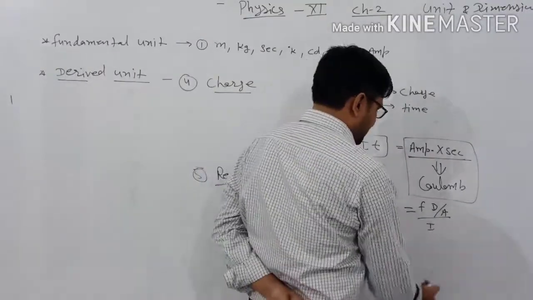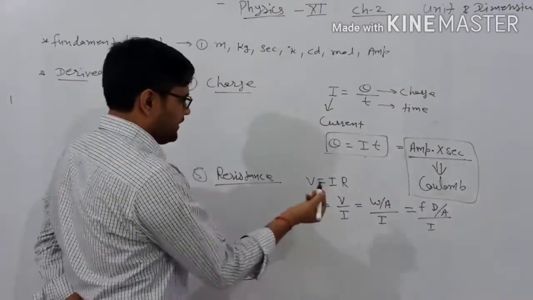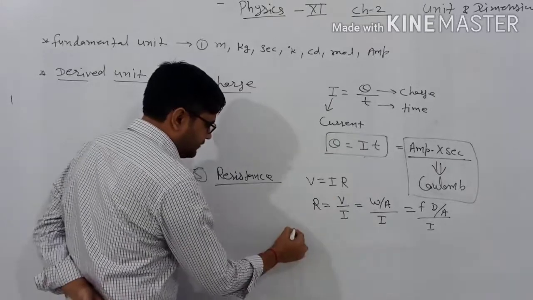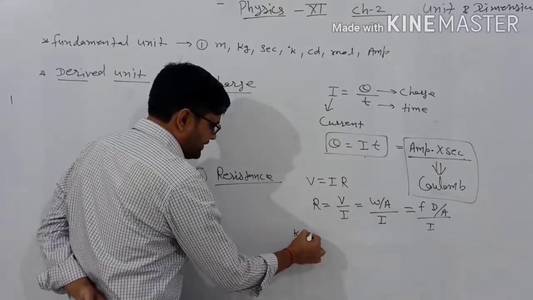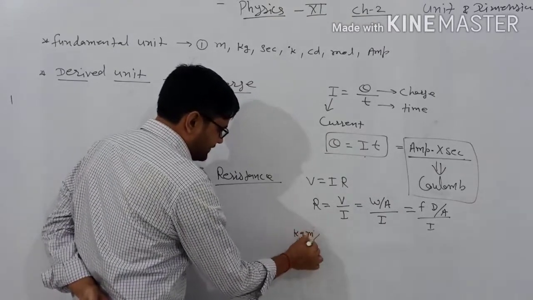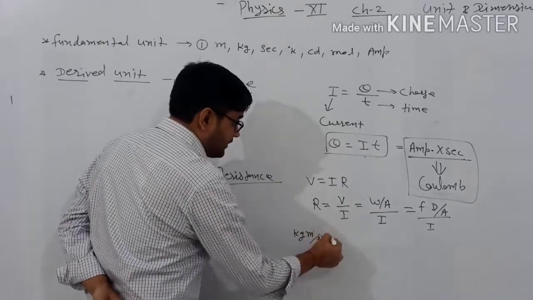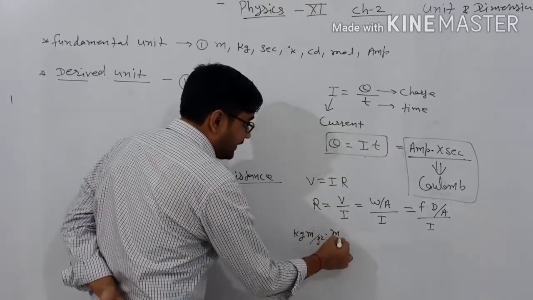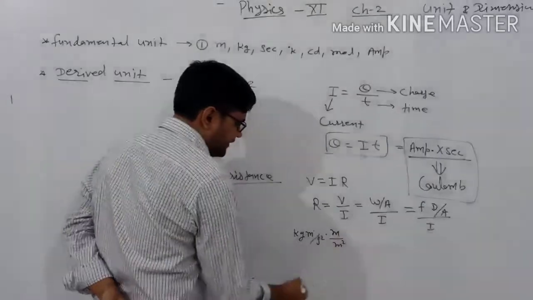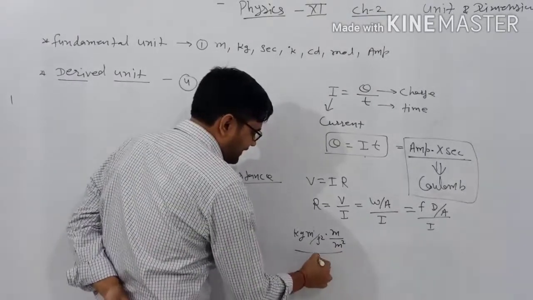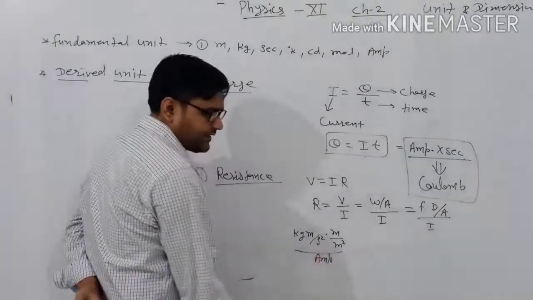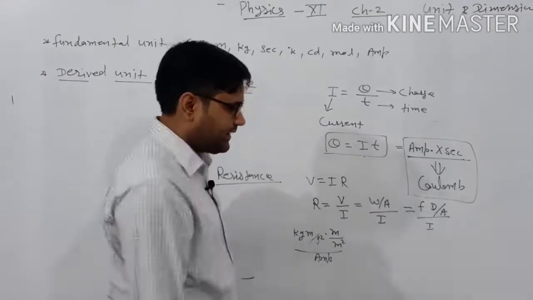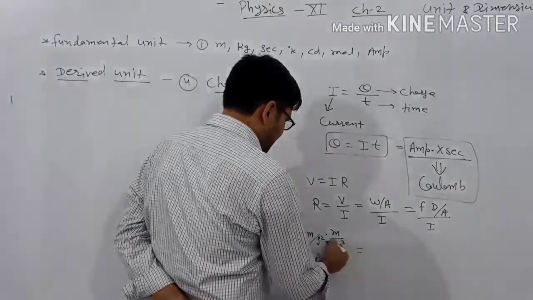Now the force we wrote a few minutes ago, in terms of kg meter per second square, into displacement in terms of meter, upon area in terms of meter square. It is divided by the current in terms of the ampere. Clear? It means we get the entire formulation.